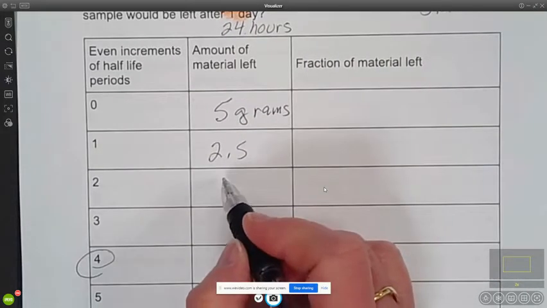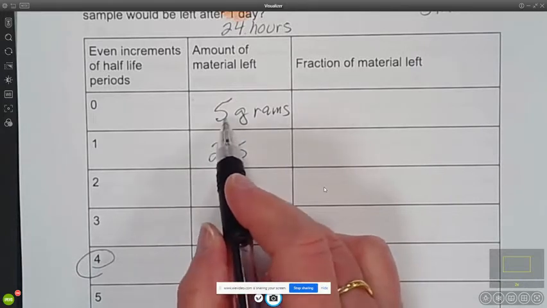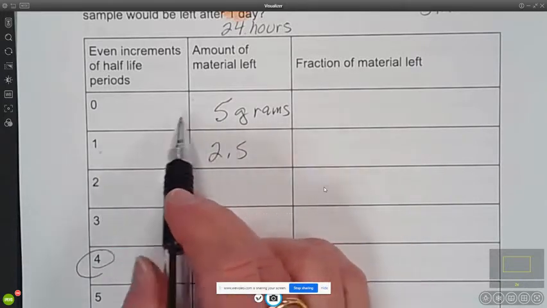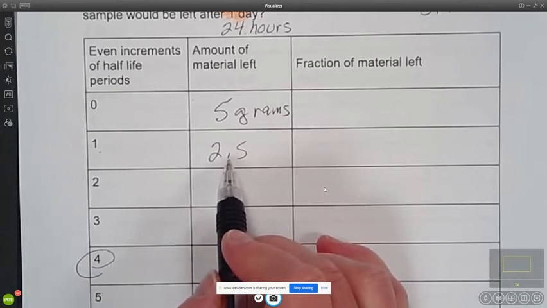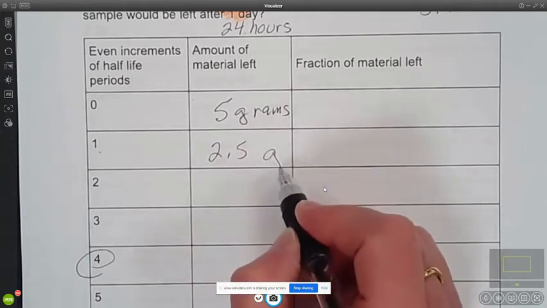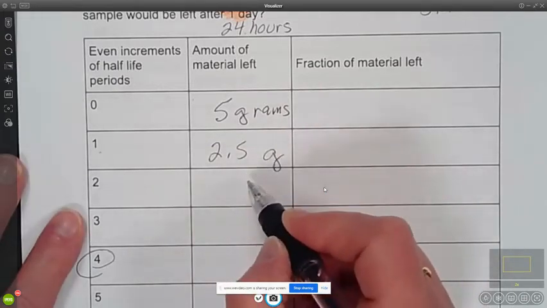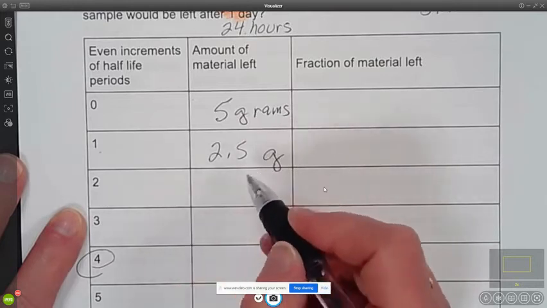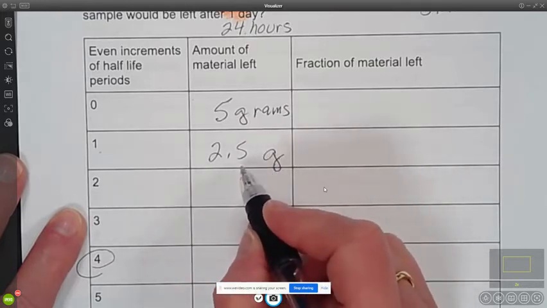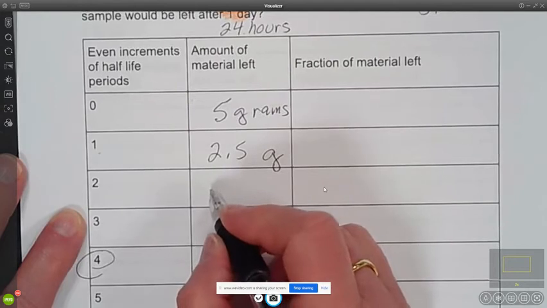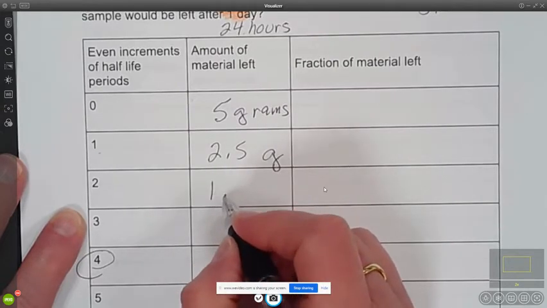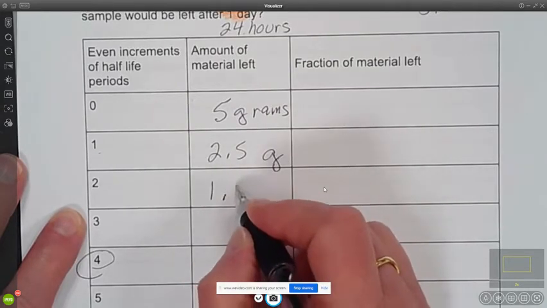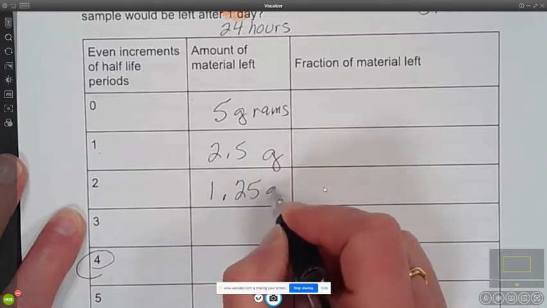So as I keep going here, I've got my first half-life period, my first 6.3 hours. I'm going to have 2.5 grams left. Then another half-life period, another 6.3 hours, I'm going to have half of this left. So you may want to get your calculator out for some of these. 1.25 grams.